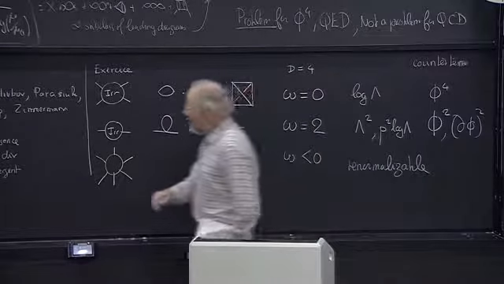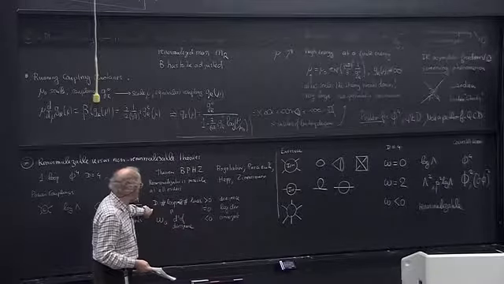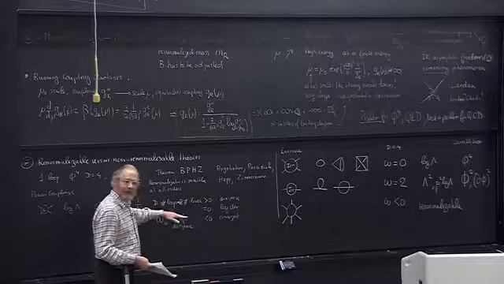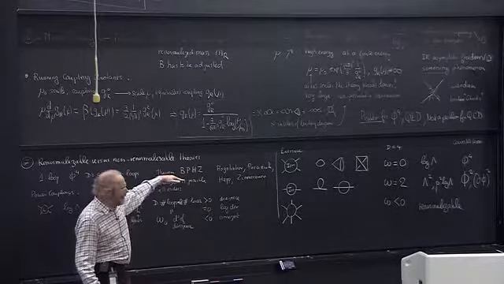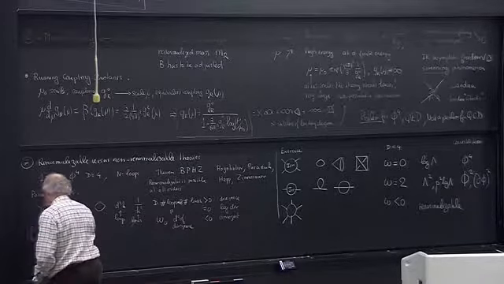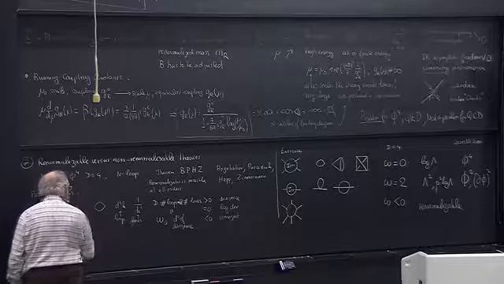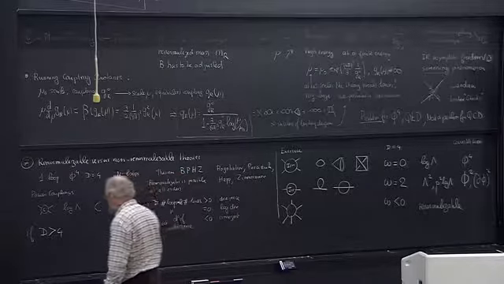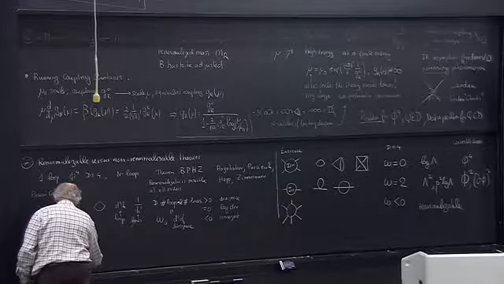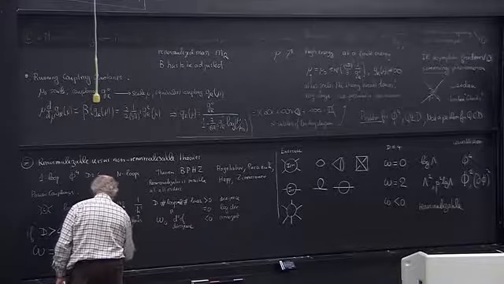Okay. But now, if the dimension is larger than 4, then it becomes worse, because the more loops you have, the more the diagram is divergent. And if d is larger than 4, you can check, for instance, that the degree of divergence of a diagram is 4 plus, of course, d minus 4 times the number of loops.